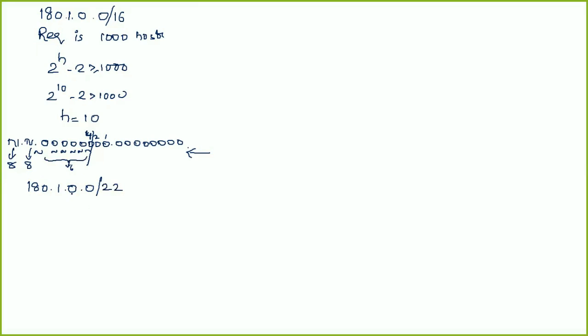The next network will be plus 4 in the third octet: 180.1.4.0 subnet mask 22, 8.0 subnet mask 22, 12.0 subnet mask 22. Like this, the end value will be 180.1.252.0 subnet mask 22. So always you will get 1022 IPs.